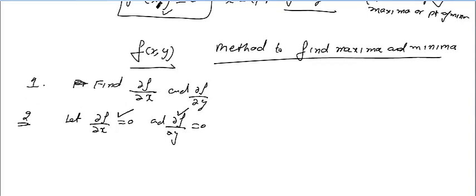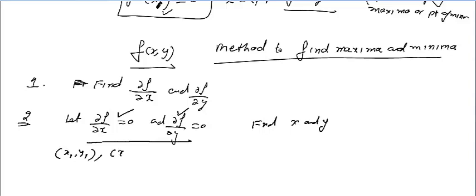You will find x and y together, simultaneously. When you solve these two equations, you will not get a single value of x and y, you will get points like x1, y1, x2, y2, and so on. You will get the points.